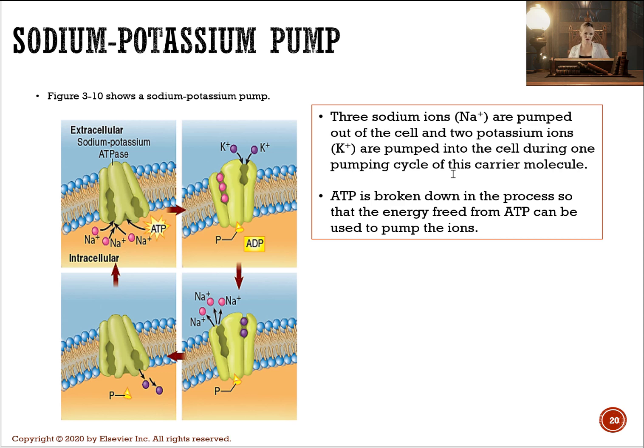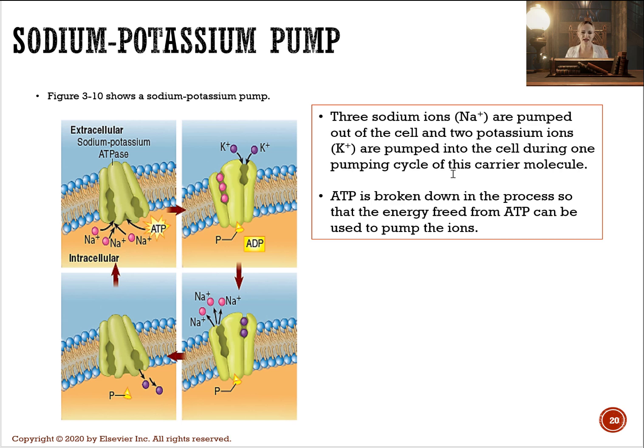Okay, so I want to talk more about this sodium-potassium pump. If you look here at figure 3.10, it actually shows a sodium-potassium pump. And if you notice the little blue dots on each side of it, that is that plasma membrane that's made up of phospholipids. You can think of phospholipids right now as kind of the slippery little substances.